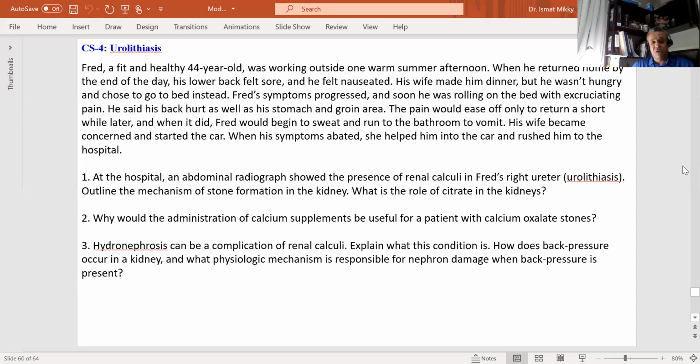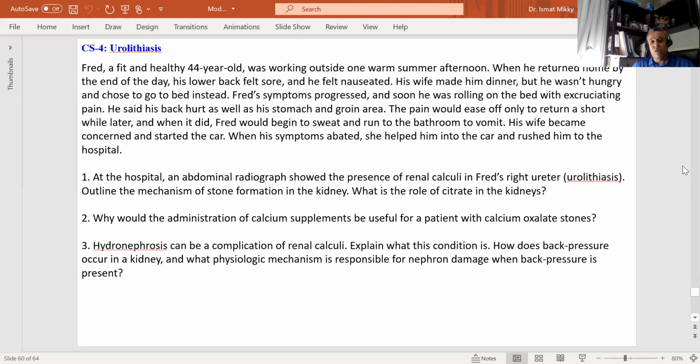So back pressure occurs in the kidneys when the GFR, or the glomerular filtration, is still occurring despite the previous changes.